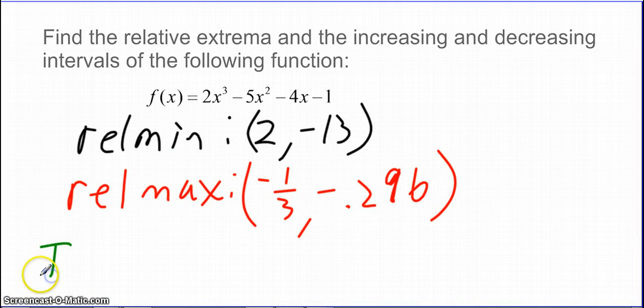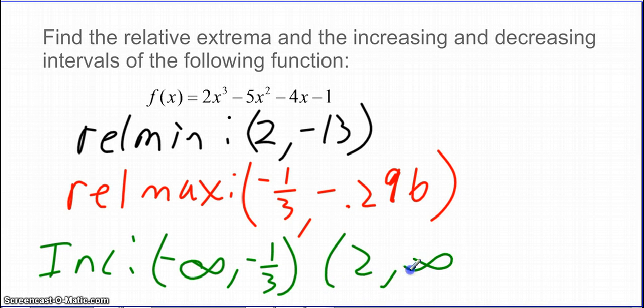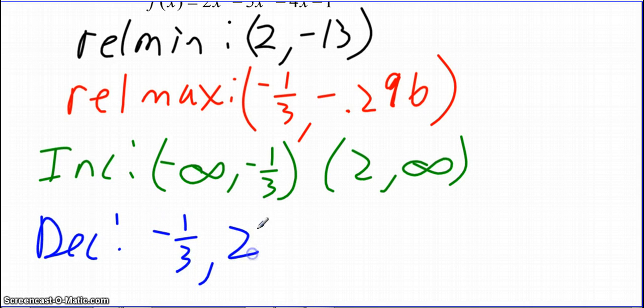So I know the increasing is negative infinity to negative 1/3, and then from 2 to infinity. And then I know it's decreasing from negative 1/3 to 2.